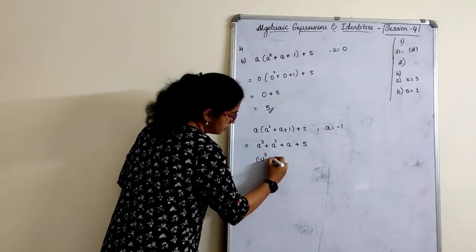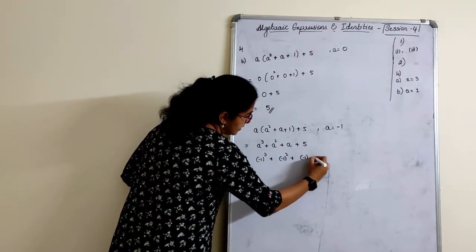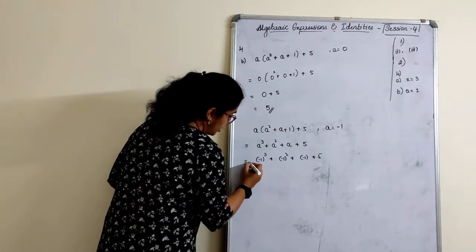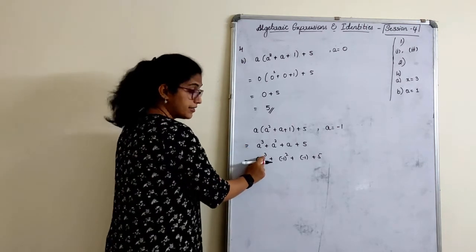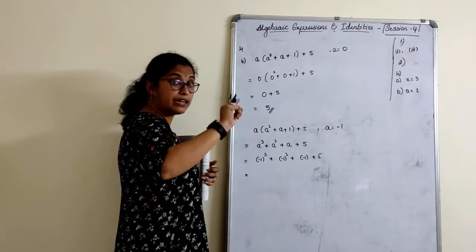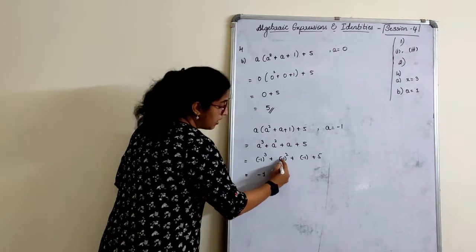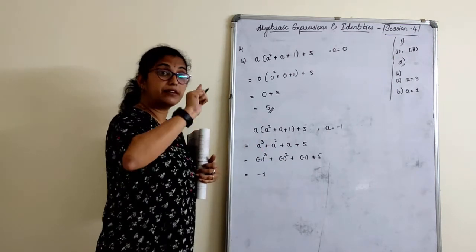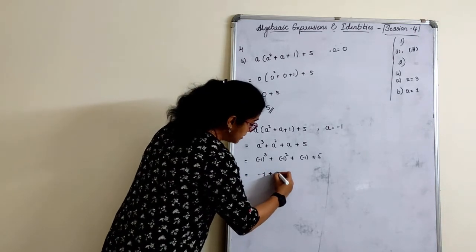Minus 1 whole cube plus minus 1 whole square plus minus 1 plus 5. We know that a negative number raised to an odd power, answer is minus 1 into minus 1 into minus 1. What will we get? Minus into minus is plus, plus into minus is minus 1. A minus 1 raised to an even power, minus 1 into minus 1, minus into minus is plus 1.